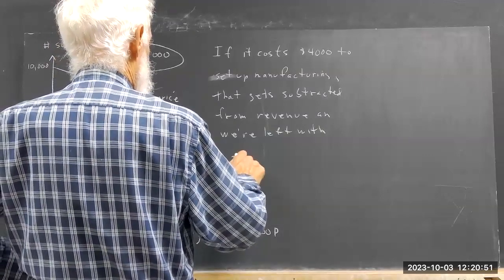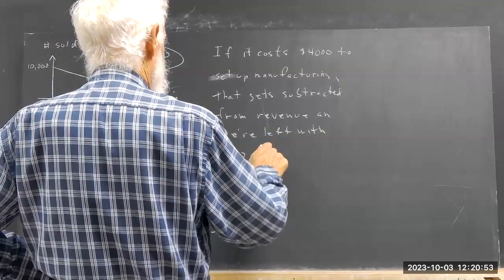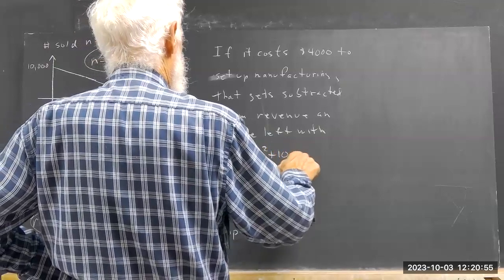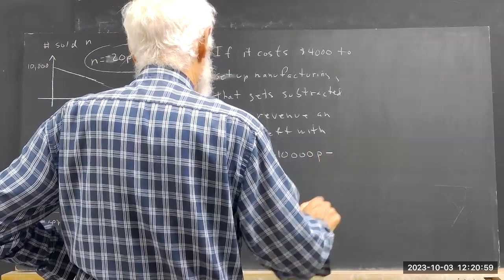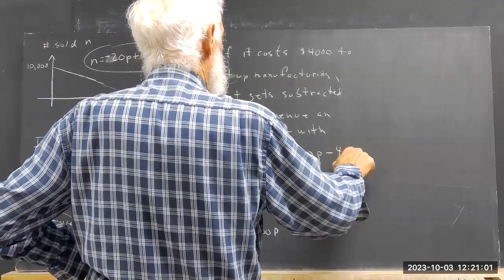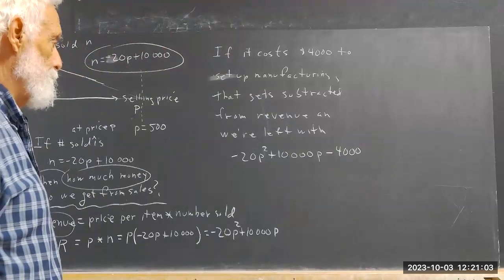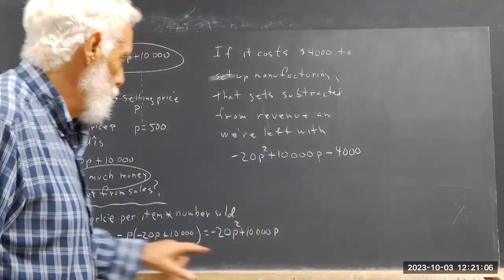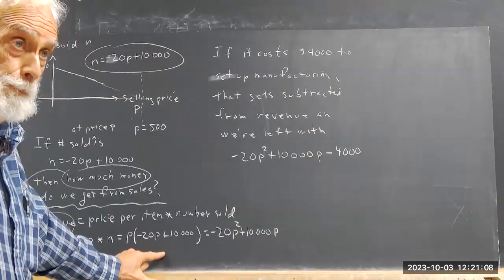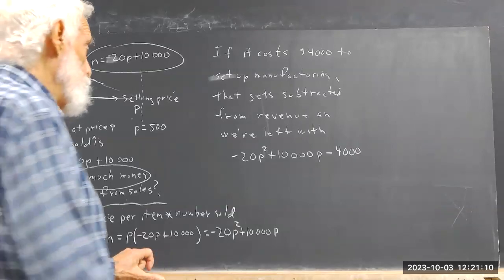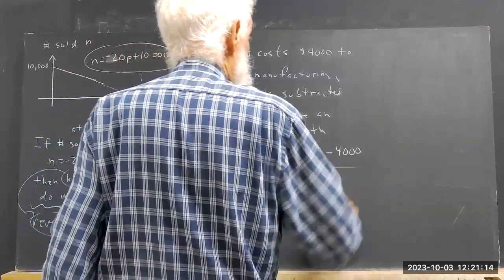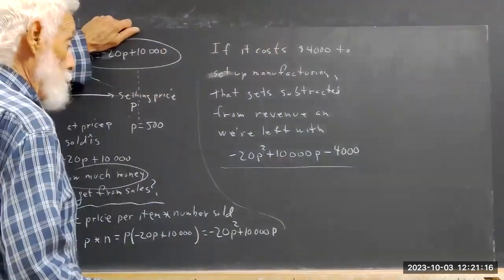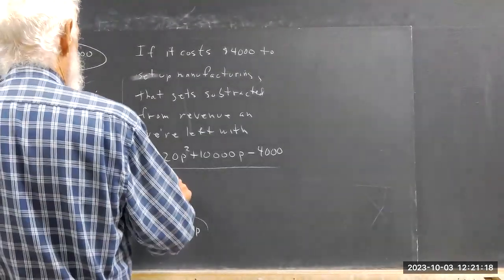Not sure what to call this. We're going to say it's negative 20p squared plus 10,000p minus 4,000. We're going to subtract that 4,000 from this. Then I'm going to have to say this and be done with it because we're almost out of time.